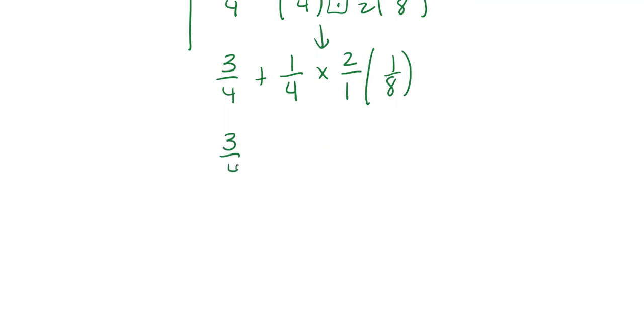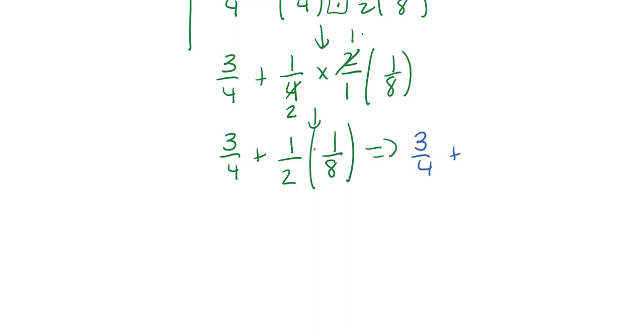We have 3/4 plus 1 times 2, and then 4 times 1, but let's reduce this before we go further. This becomes 1 and this becomes 2, because we divided both by 2. 2 divided by 2 is 1, 4 divided by 2 is 2, so we now have 1/2, and then we have 1/8. So we have 3/4 plus 1 times 1 is just 1, and 2 times 8 is 16.